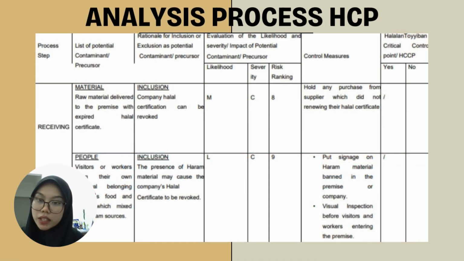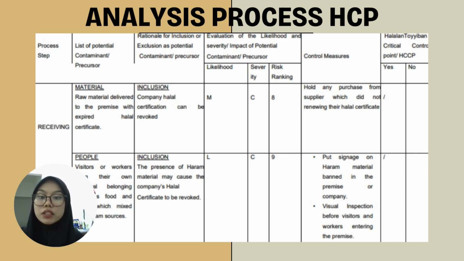Okay, for the second content, which is analyzing the process halal control point. For the process step, we choose receiving. The potential contaminant or hazard for material is raw material delivered to the premise with an expired halal certificate. The implication is that the company's halal certification can be revoked.